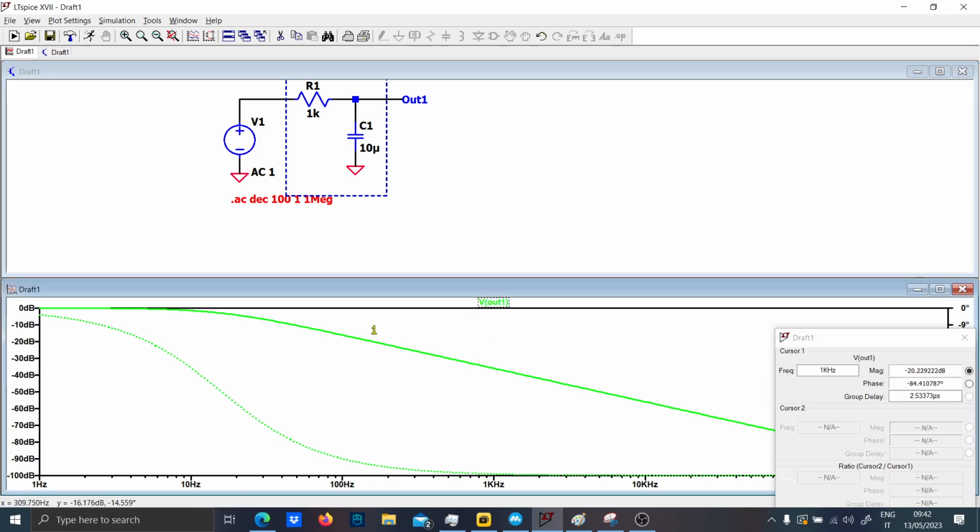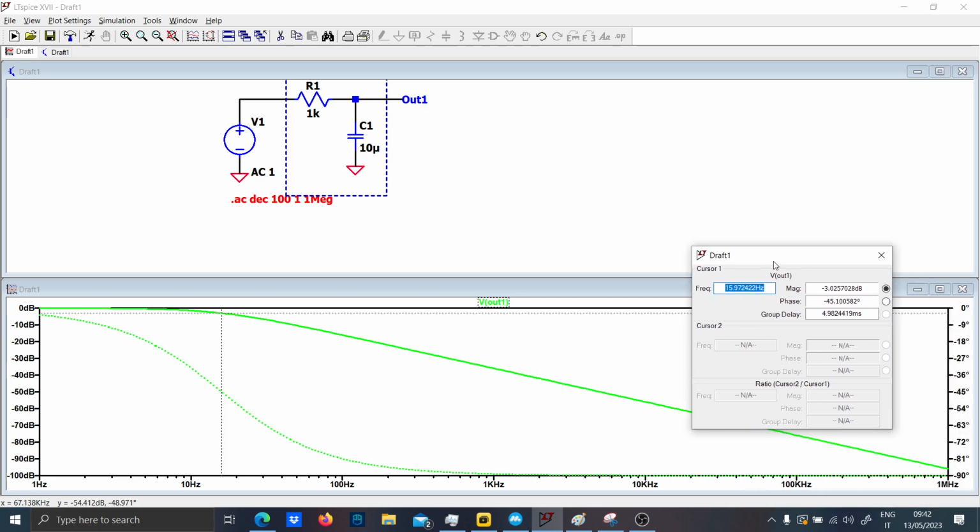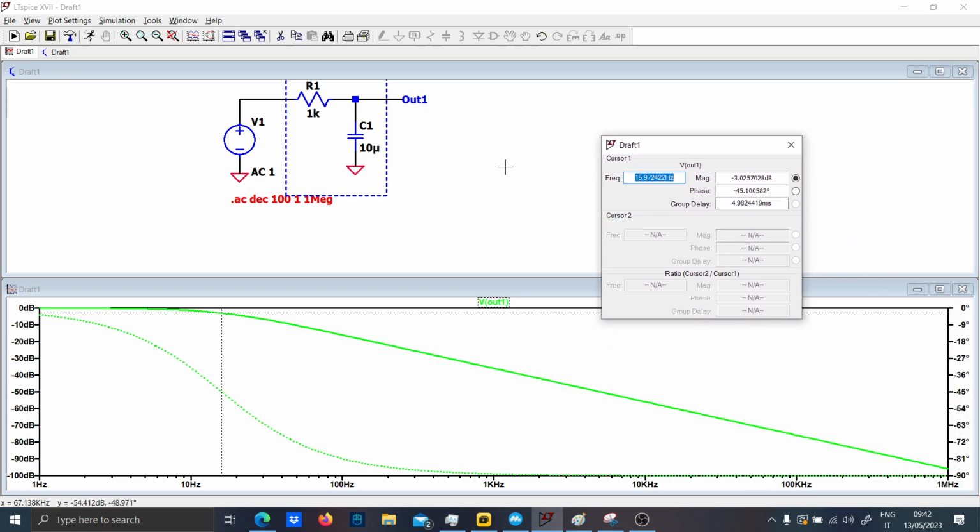If you check the response at minus 3 dB, it is 15 Hz. How can you check that?